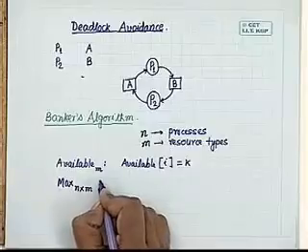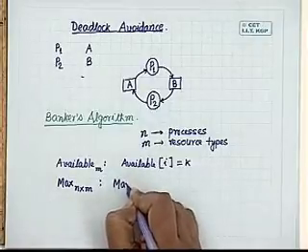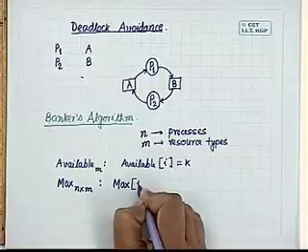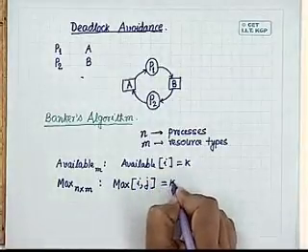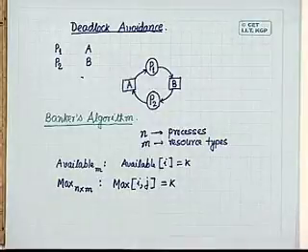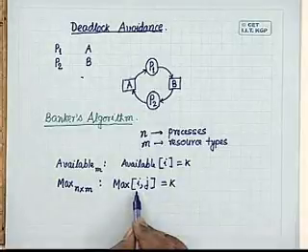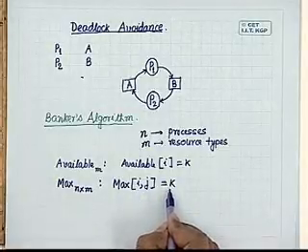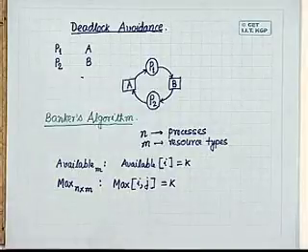Okay. And here again, if Max[i][j] is equal to some value, say k, that indicates that process Pi requires a maximum of k number of instances of resource type Rj for its completion.